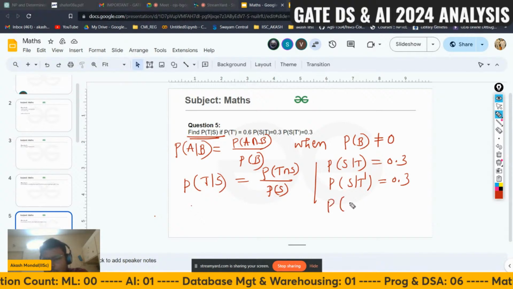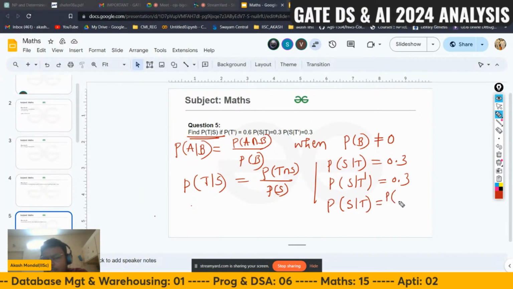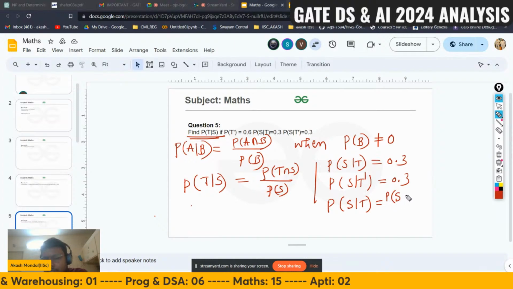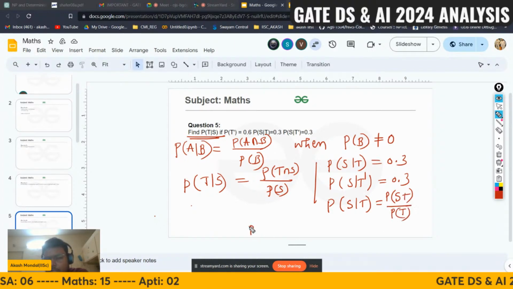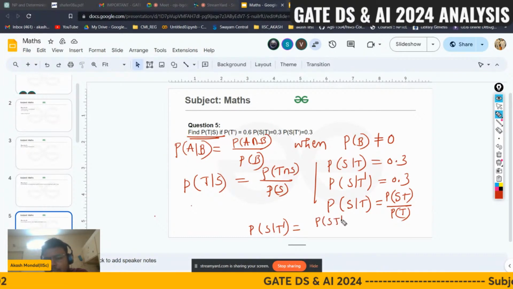So from here you can compute the probability of S given T equals the probability of S intersection T divided by the probability of T, and the probability of S given T prime equals the probability of S intersection T prime divided by the probability of T prime.